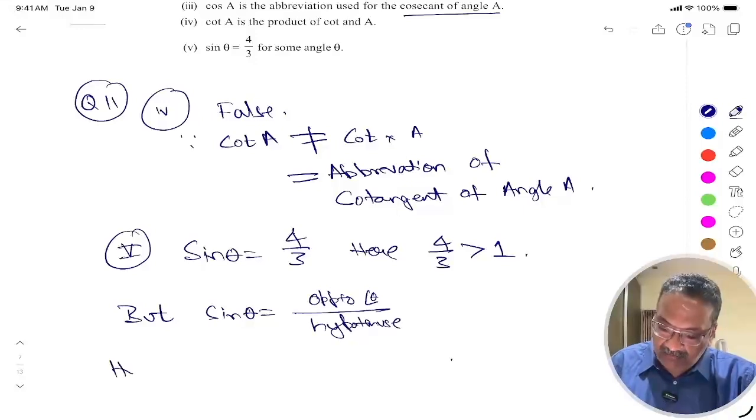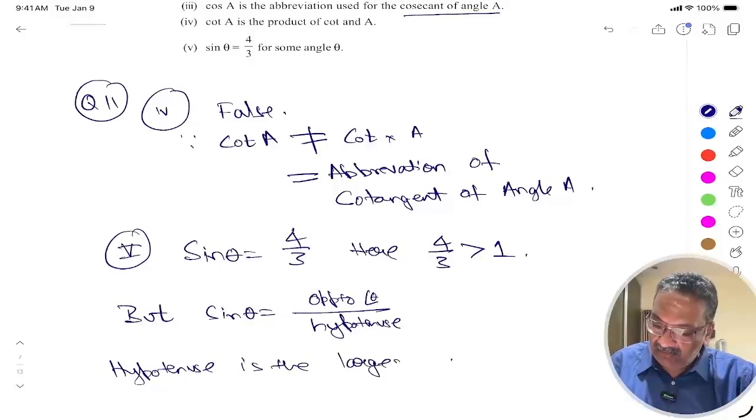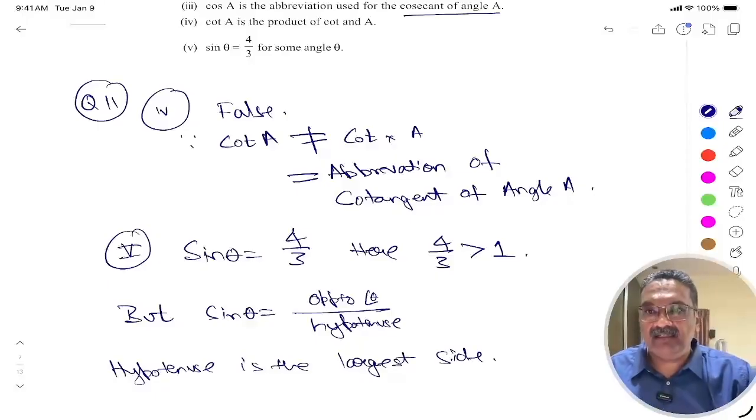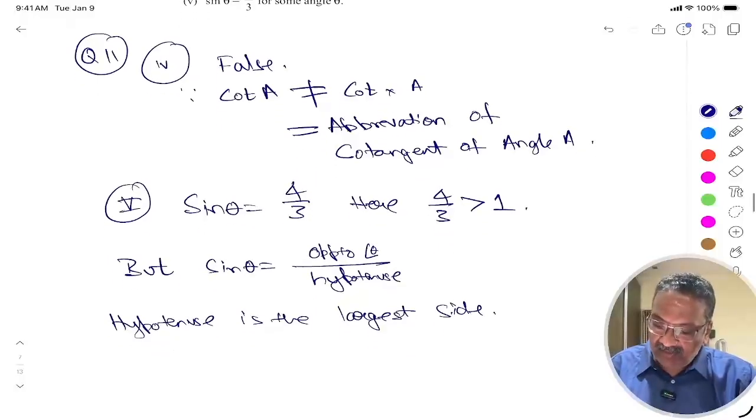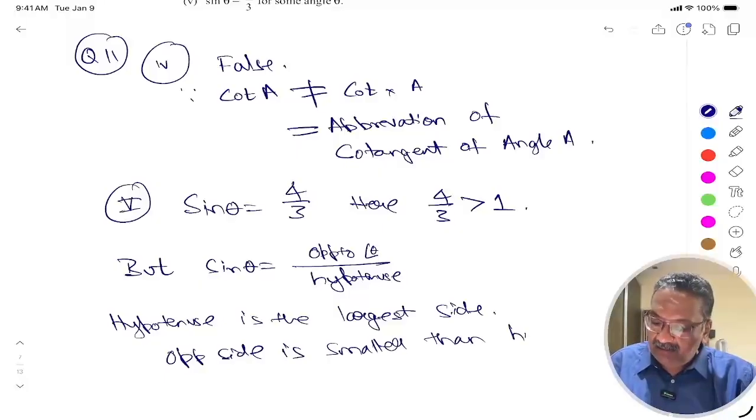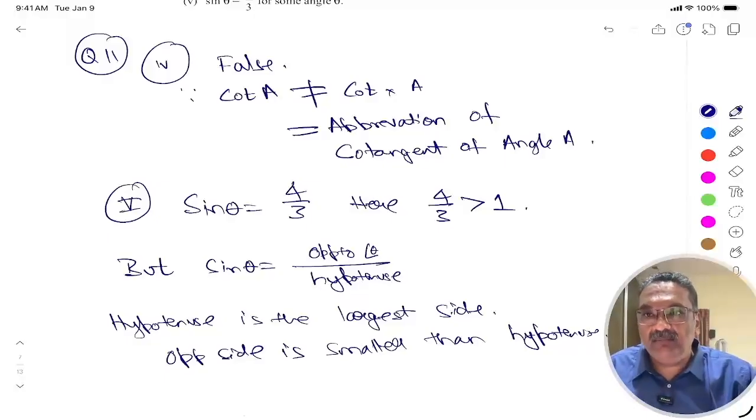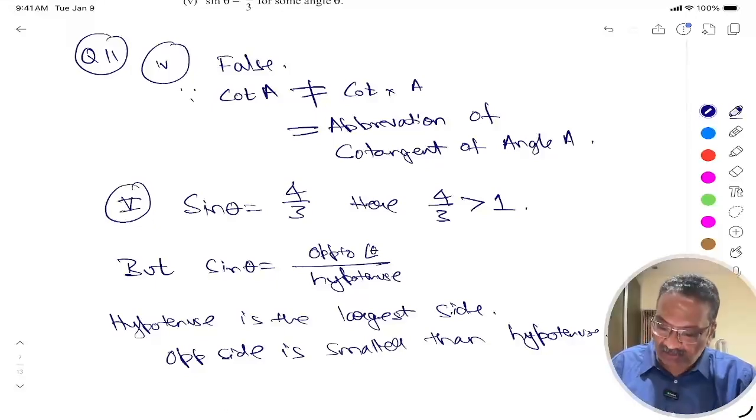Hypotenuse is the largest side, and it is in the denominator. So the opposite side is always smaller than the hypotenuse. We are dividing a smaller number by a bigger number here.